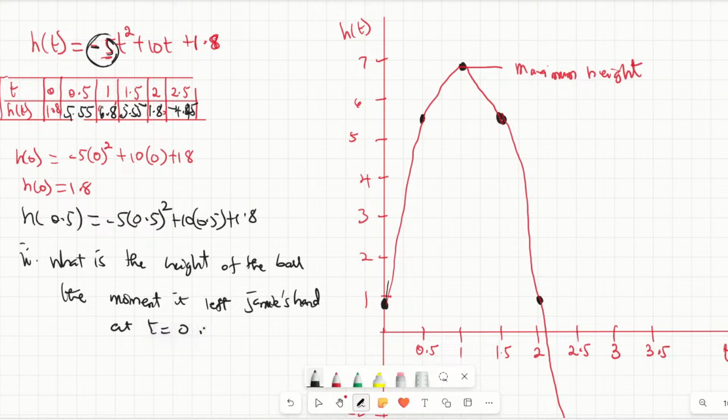So please write in the comment section what will be the height, the moment it left Jamie's hands at t is equal to 0.